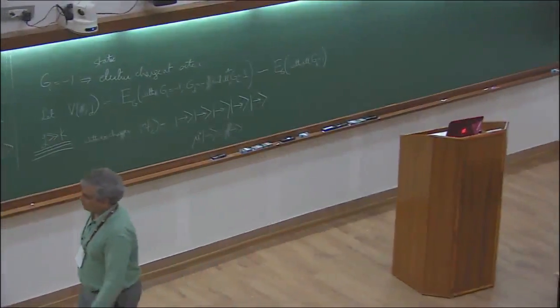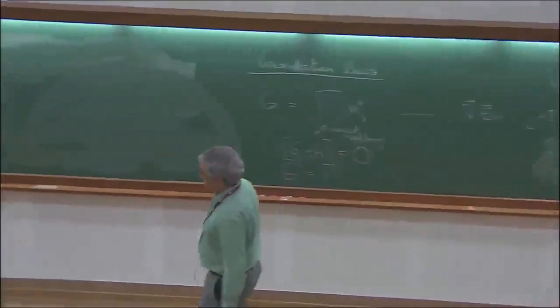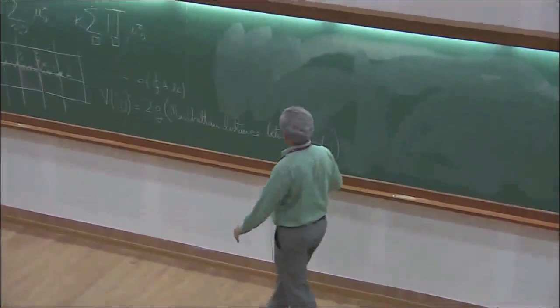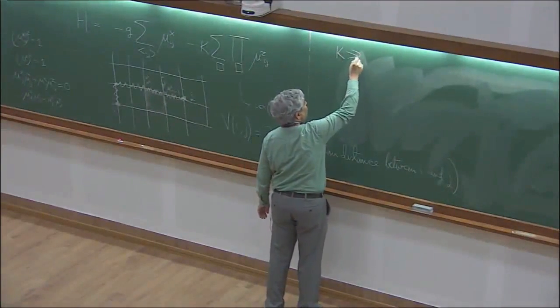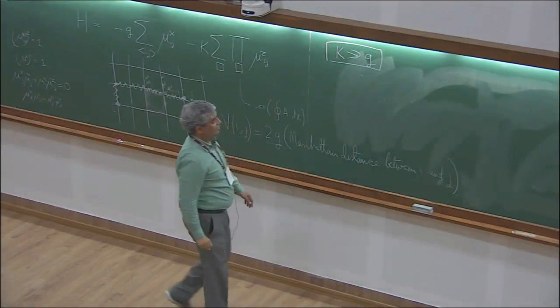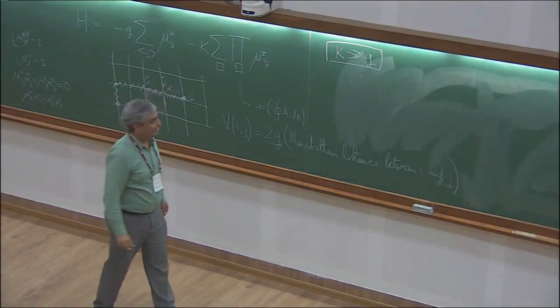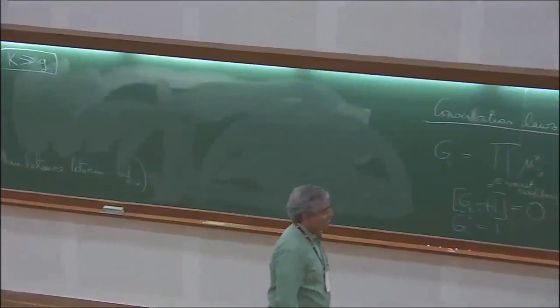Okay, so the trickier part is to do the other end. So we do the same thing, but now for K much bigger than G. The first thing you want to do is write down the ground state wave function.